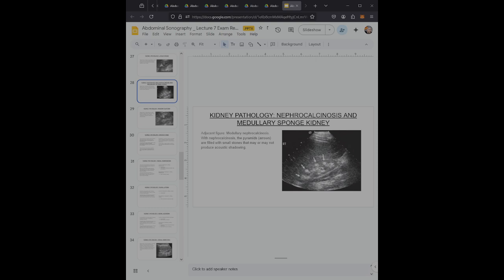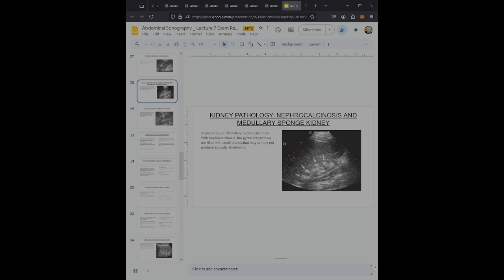Medullary sponge kidney is the accumulation of calcium within the abnormally dilated collecting ducts in the medulla. Clinically, patients may have hypercalcemia, hyperparathyroidism, UTI, or urinary calculi.